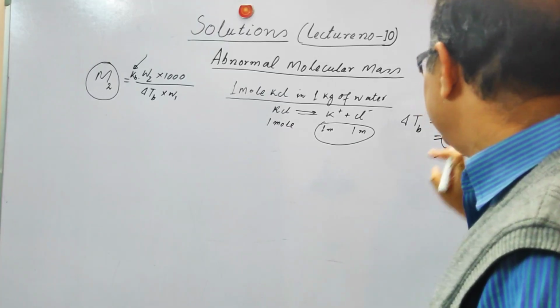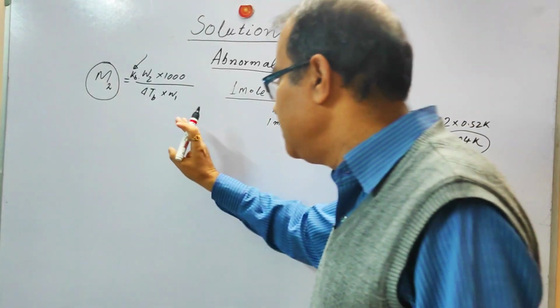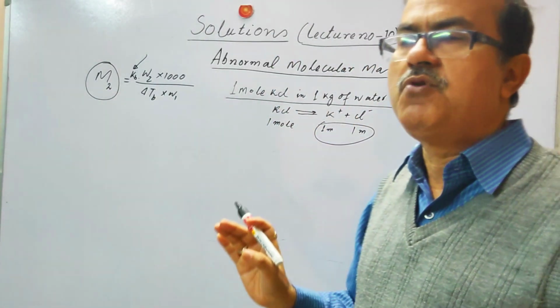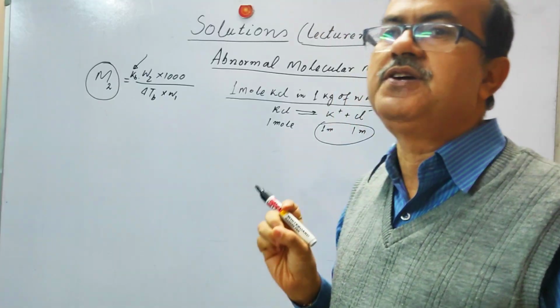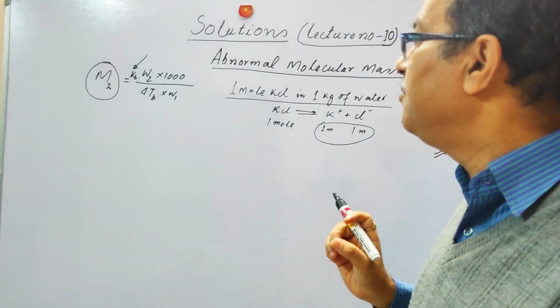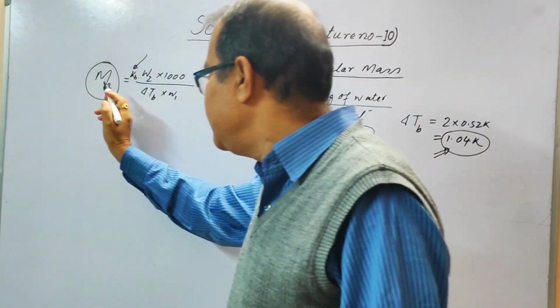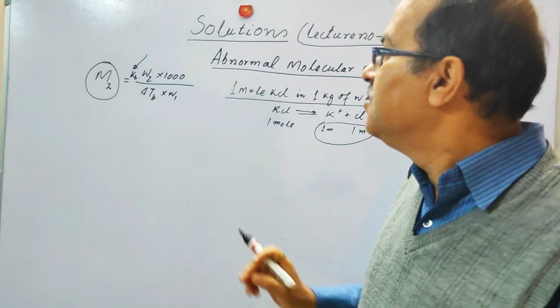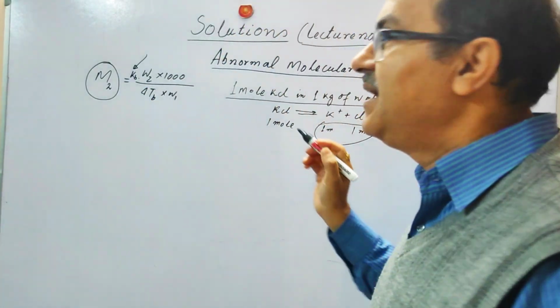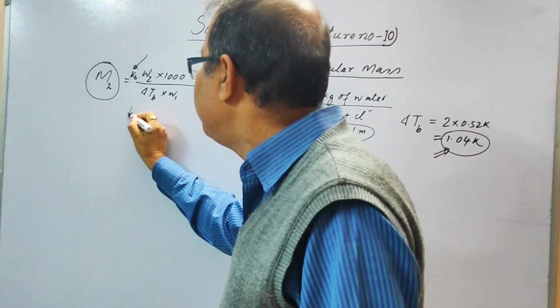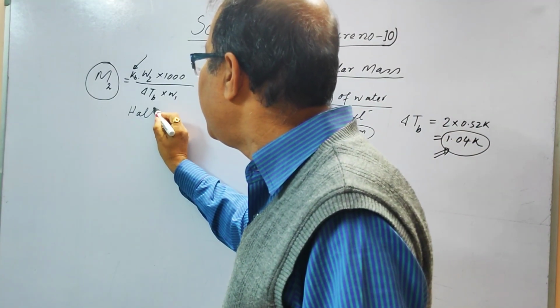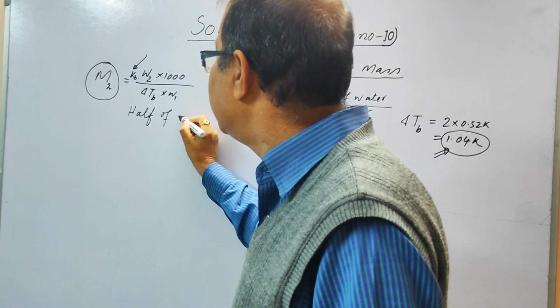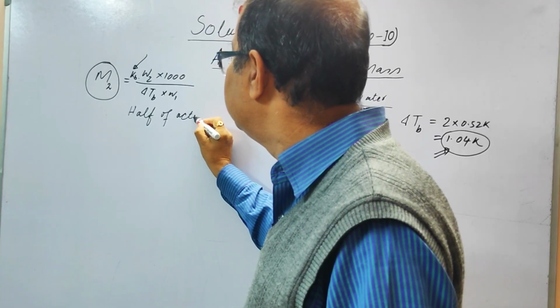So when we calculate the molar mass from the experimentally observed elevation of the boiling point, we will find, because M2 is inversely proportional to delta Tb, that the molar mass will be half of the actual molar mass.